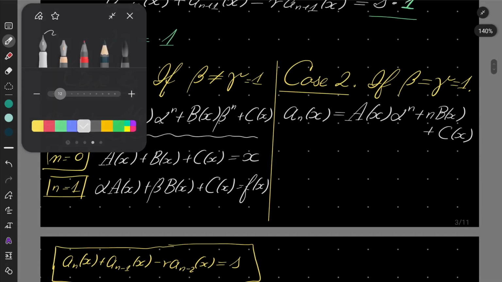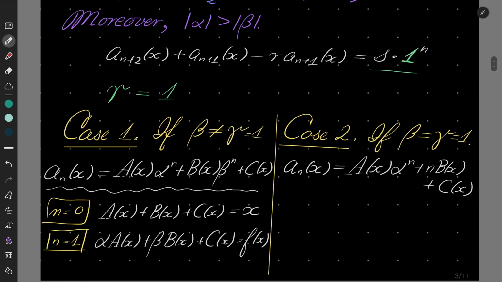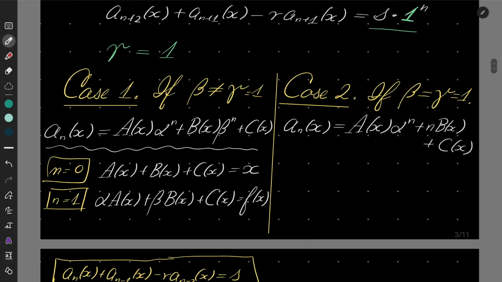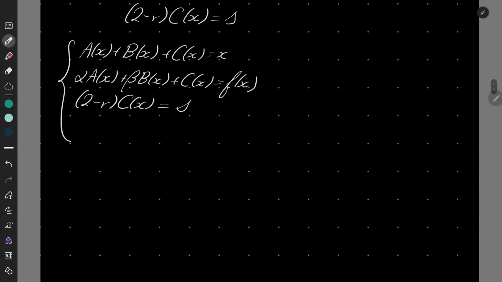Let's fix x. Treat x as a fixed number. Alpha is negative. And also, I will write it in the following way, because I need a fourth crucial equation. I will take a n of x in the following form.